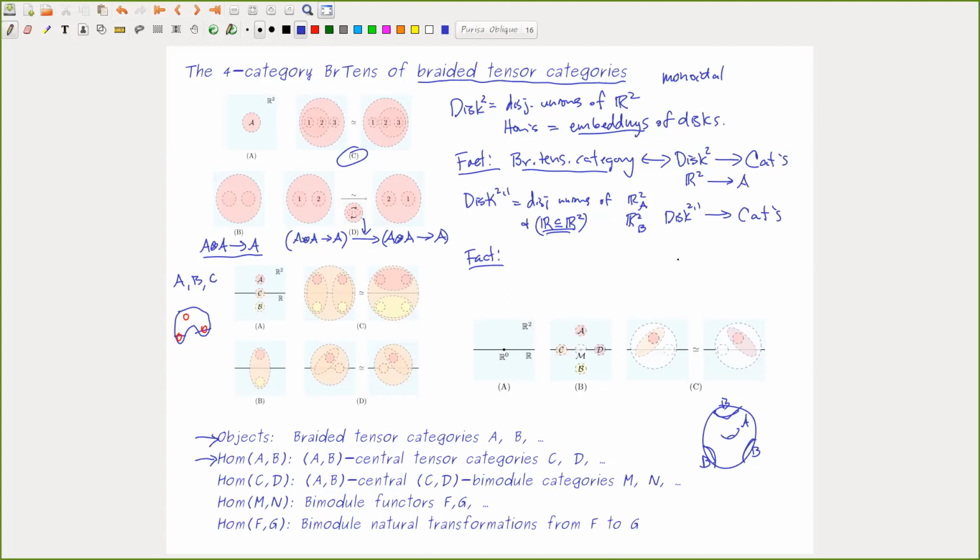So if we look at these kinds of objects, things like this, these are in one-to-one correspondence with what's called AB central tensor categories.